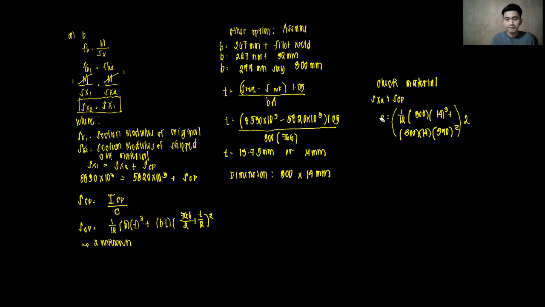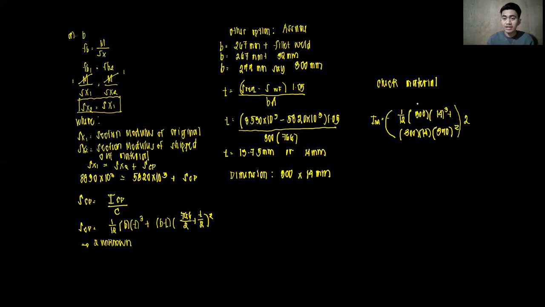Ayan. Dito. So for this one, instead of using the section modulus immediately, let us determine first na lang the neutral axis for both materials muna. The neutral axis. So lagay ko na lang dito na I and A. I and A. So determine I and A for both materials.